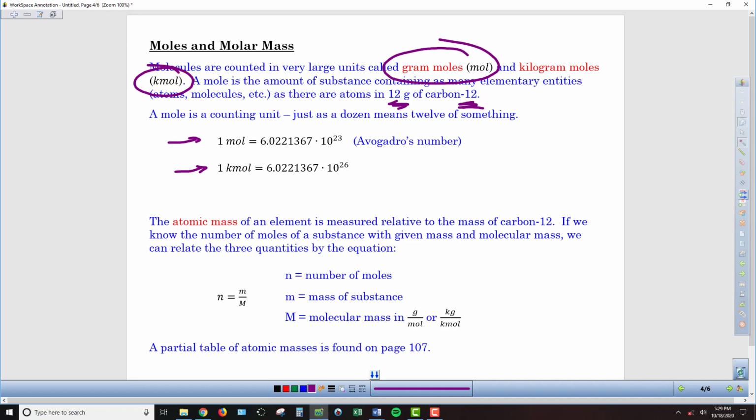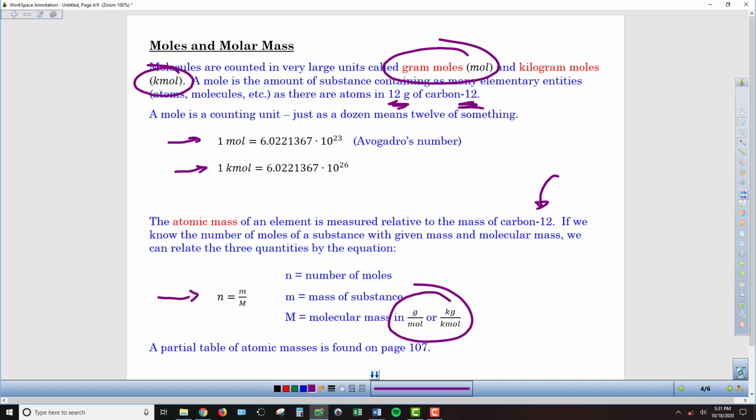Now, the atomic mass of an element is going to be measured relative to its mass of carbon-12. That's our foundation for all of our molar mass measurements. And so the relationship between the number of moles of a substance, the mass of a substance, and the molecular mass of a substance in either grams per mole or kilograms per kilomole is shown here.